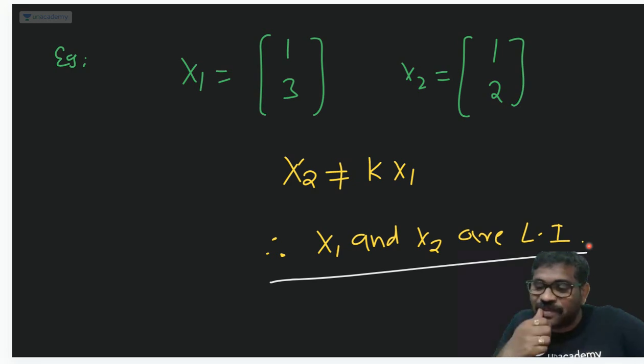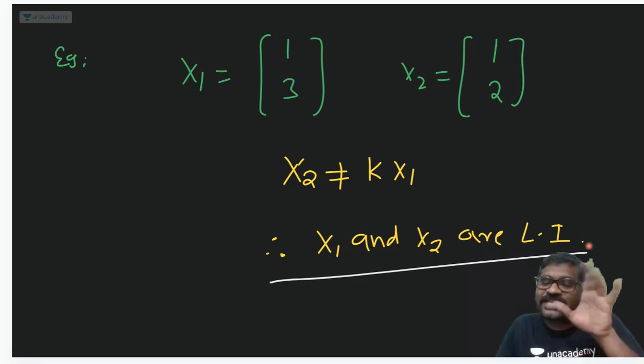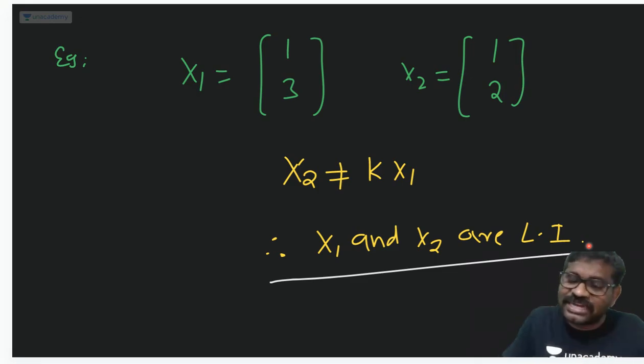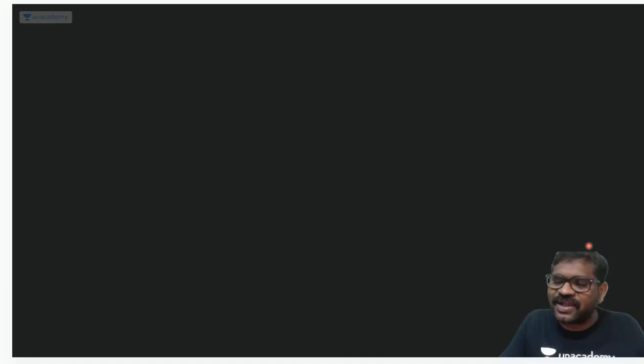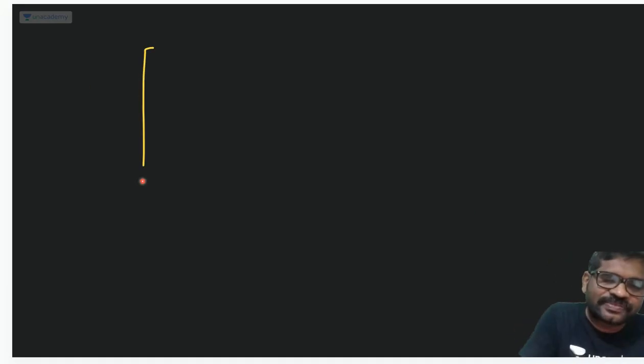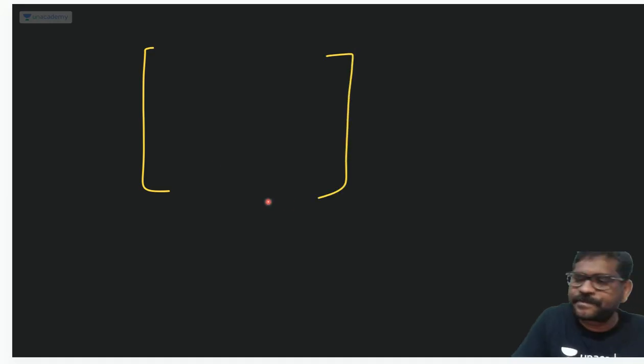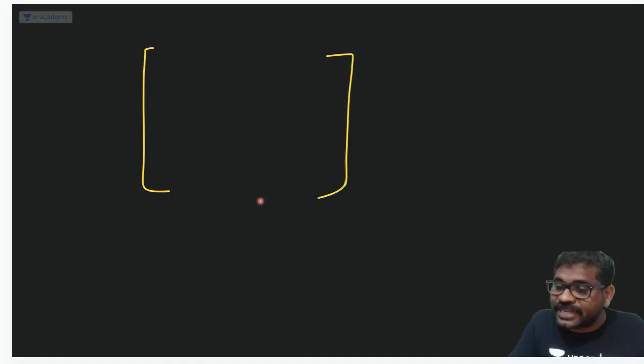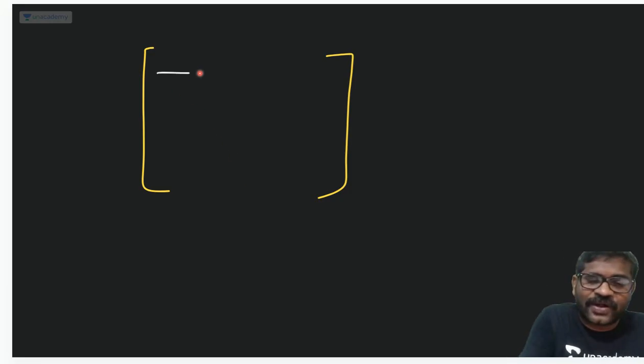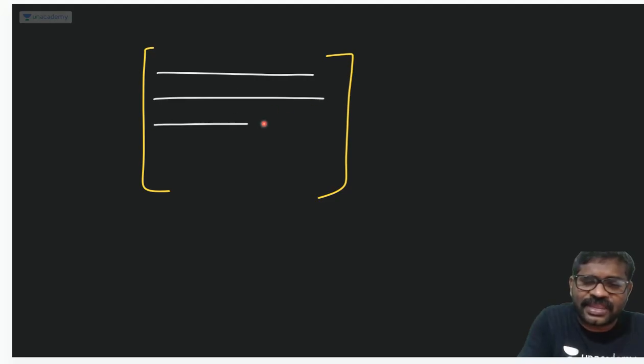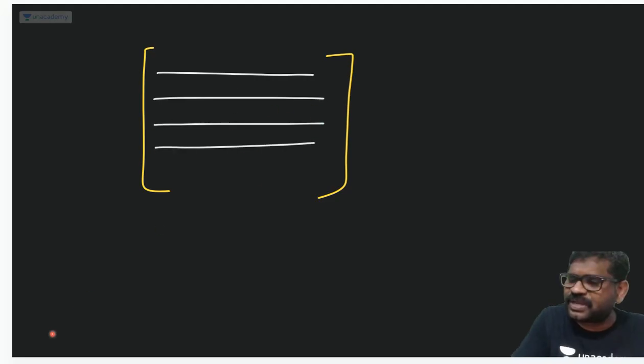That's why we have to arrange all the given vectors in a matrix. Concentrate here, please. Very, very important concept. Arrange all 10 vectors in a row or in a column, no problem.